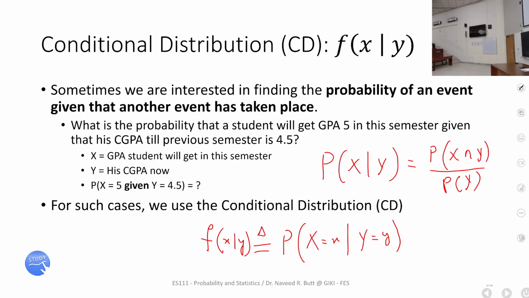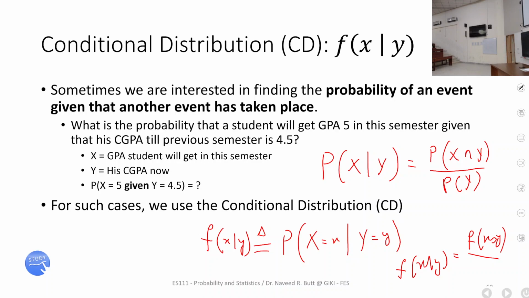Right. So if I don't run out of space, it's basically f x given y equals small f x y, the joint distribution, divided by probability of y.